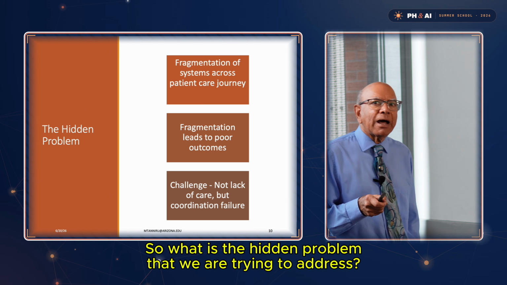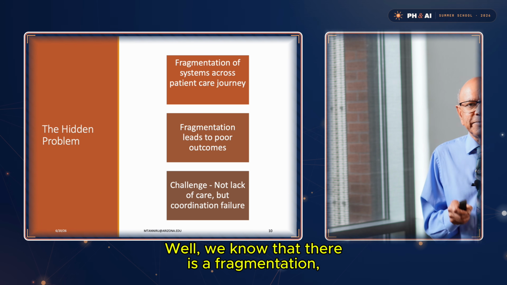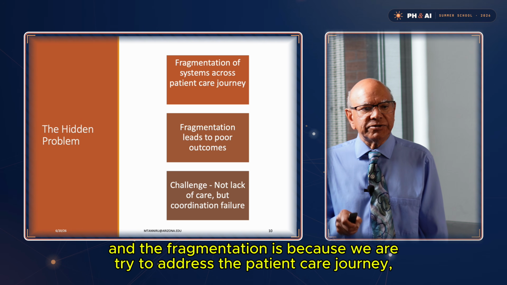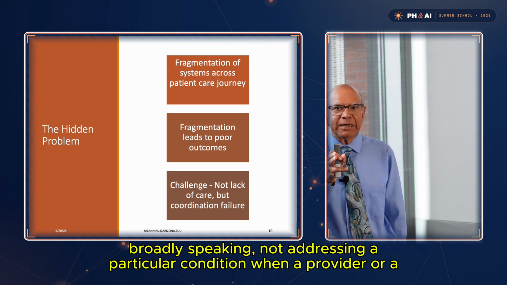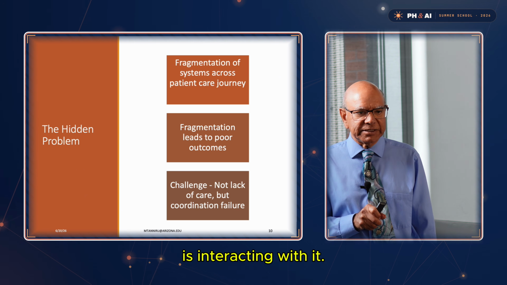So what is the hidden problem that we are trying to address? Well, we know that there is fragmentation. And the fragmentation is because we are trying to address the patient care journey broadly, not addressing a particular condition when a provider or a partner is interacting with it.